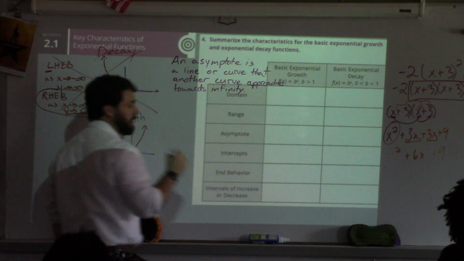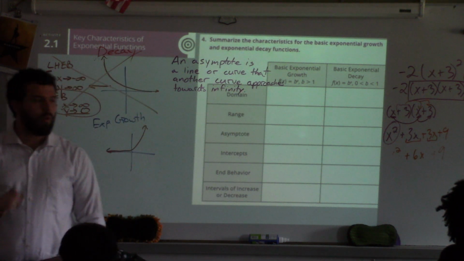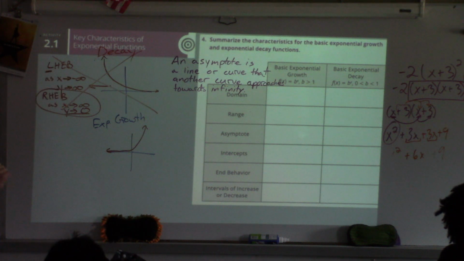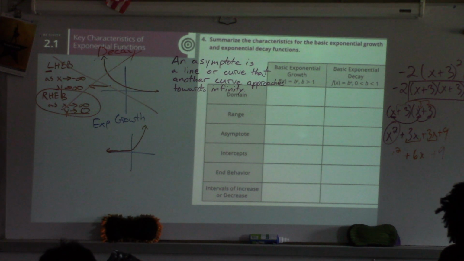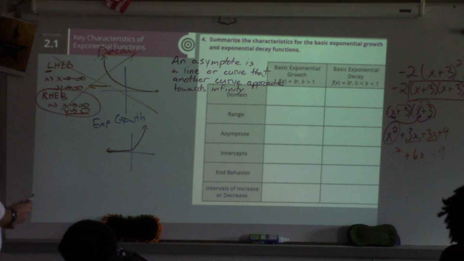Once again, this is a simple definition. There is more that you would want to add to this on the graphic organizer and other things like that. But at its simplest definition, an asymptote is a line or a curve that another curve approaches towards infinity.